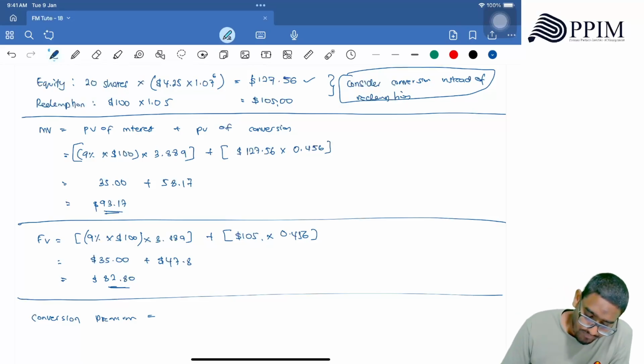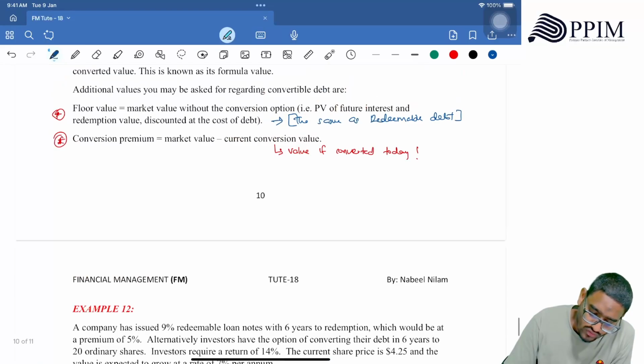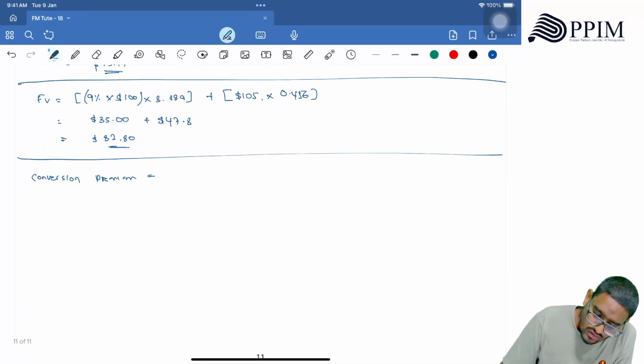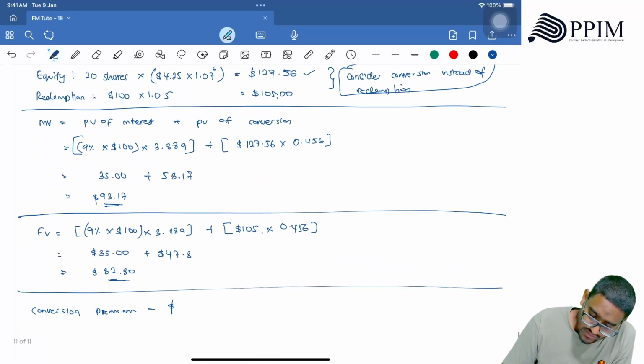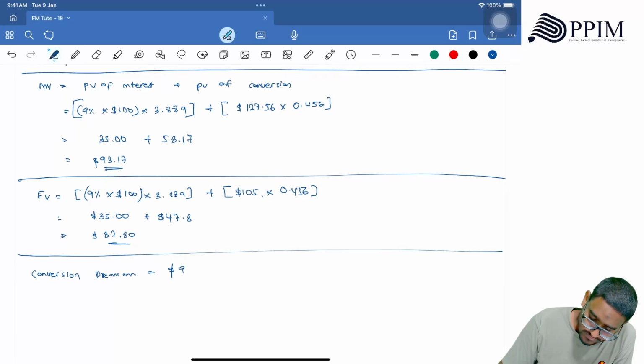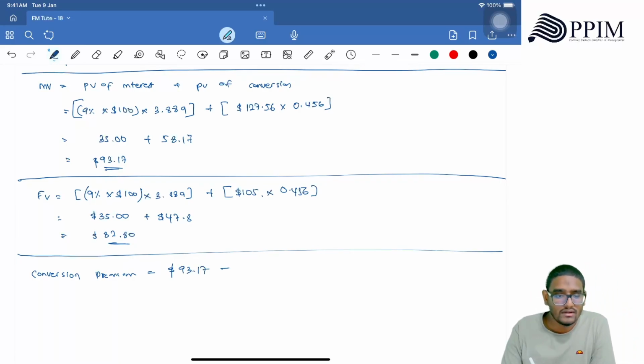So you take the current market value. This is the equation you've got to use, right? Current market value minus current conversion value. So market value, I think you got 93.17, minus the current value of the conversion.